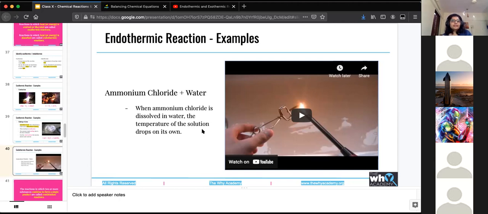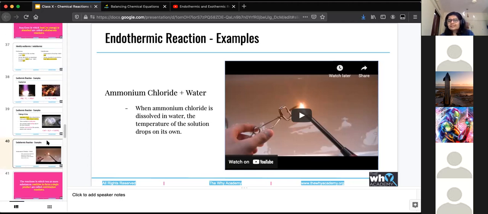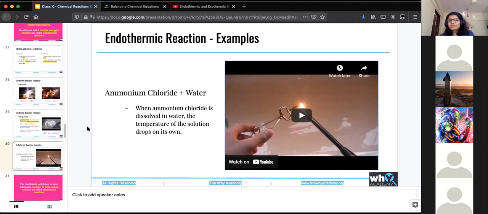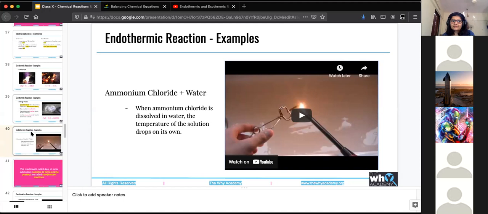Whether you're going to feel it depends on a lot of factors: the external temperature, how much HCl and how much water you took. That's the reason I asked if you guys talked about the neutralization reaction, because neutralization is usually exothermic, and what's happening here is the reverse reaction, which is why it ended up as an endothermic reaction.